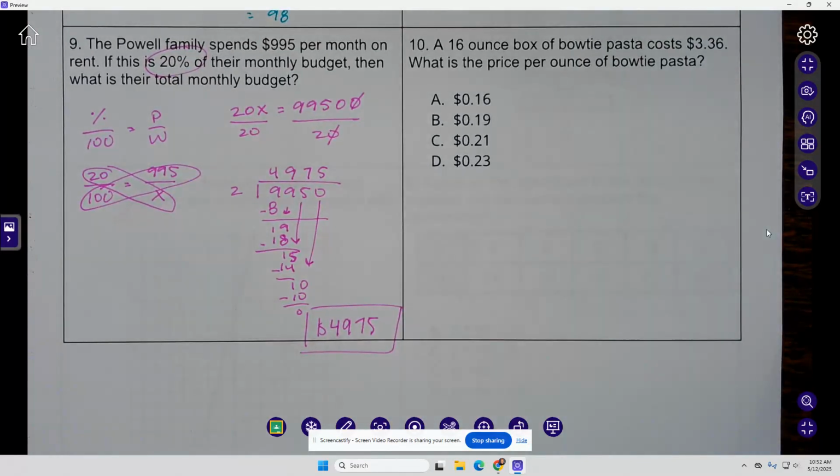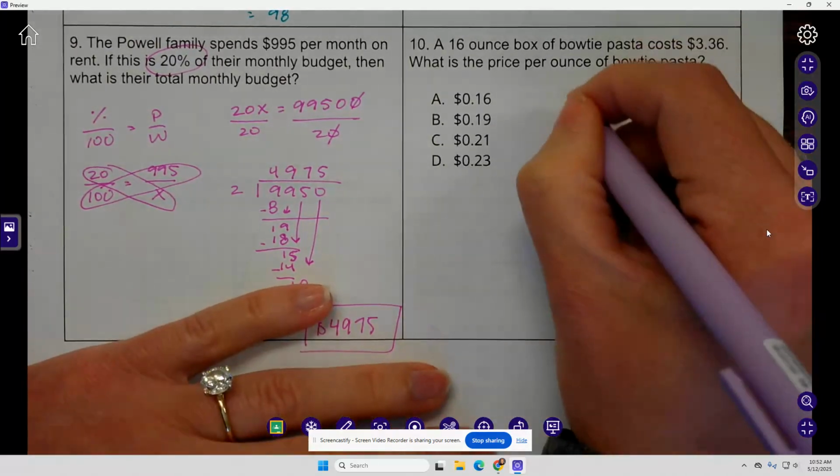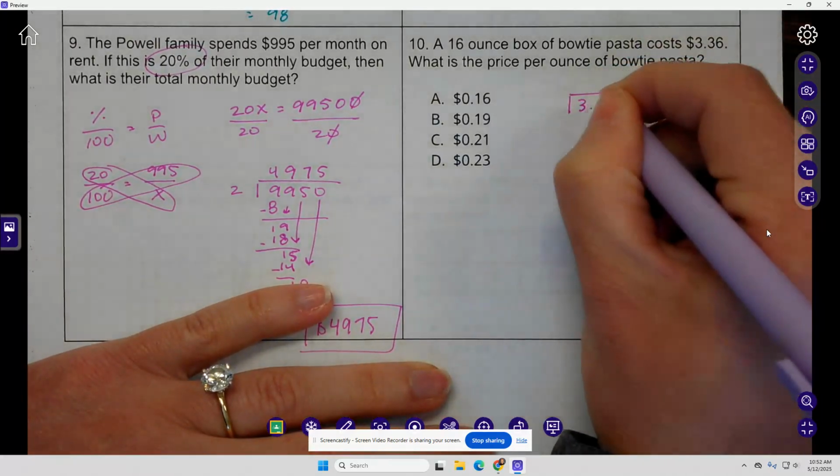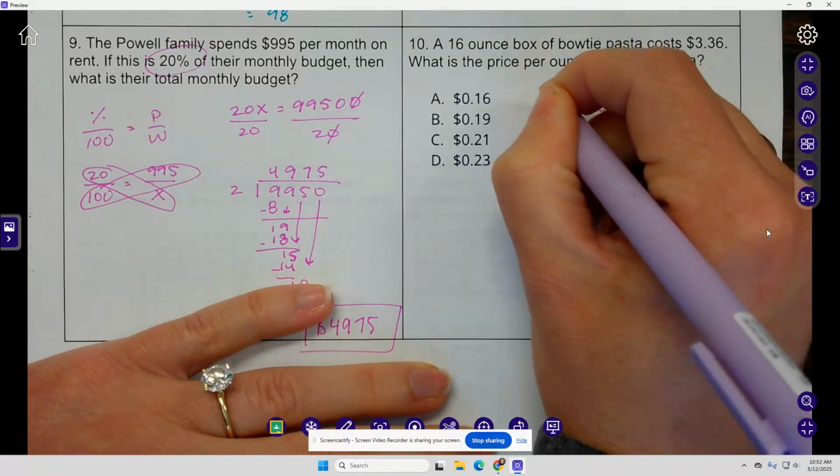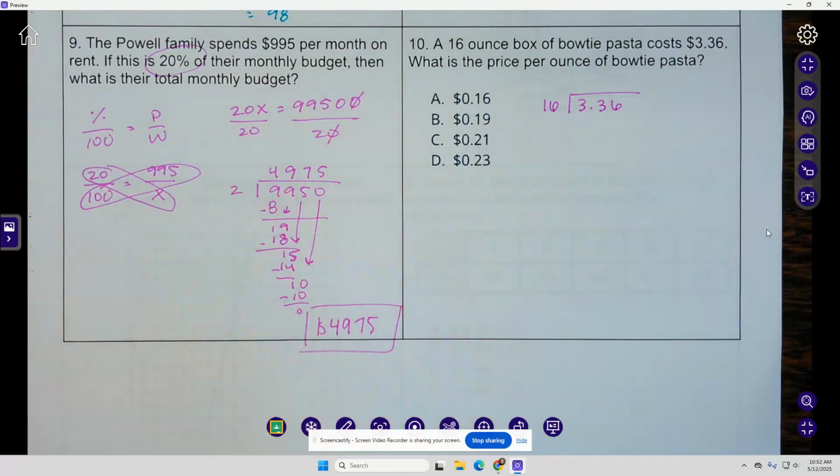Number 10, a 16-ounce box of bow tie pasta costs $3.36. What is the price per ounce of bow tie pasta? So we're trying to find the unit rate here. So I'm going to take the money, and I'm going to divide it by 16.